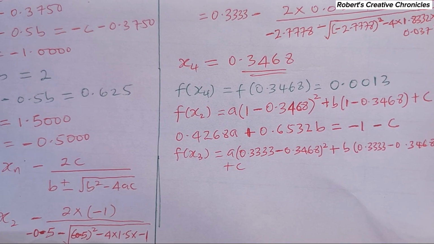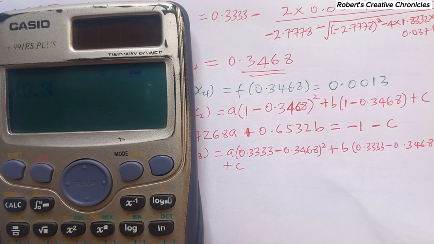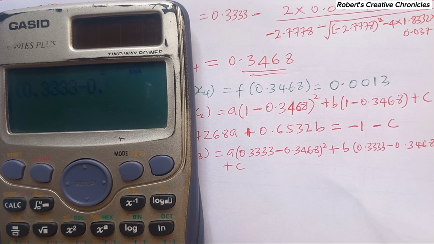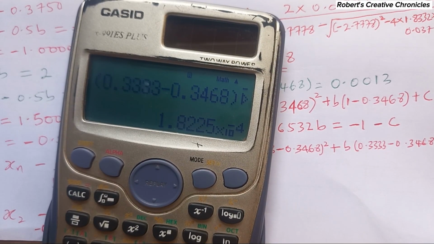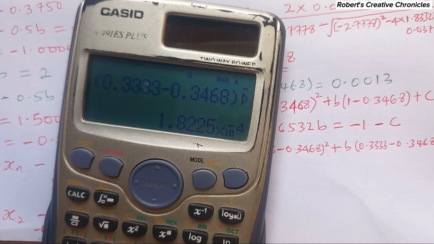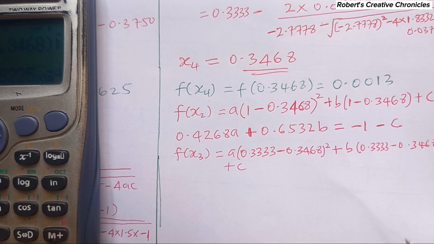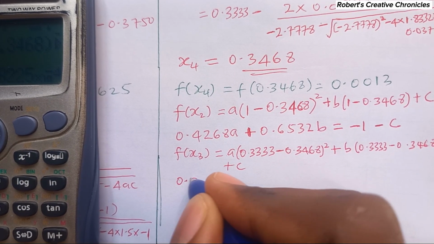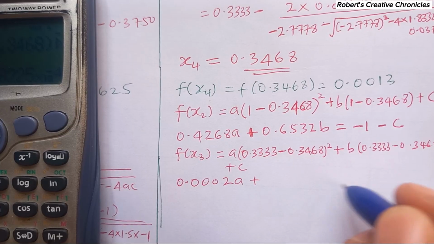But first, let's solve this. Let's work this way to be 0.3333 minus 0.3468 square. So this is what? There will be 3 zeros before 1, which then if we approximate 1 it will be 2. So it will be what? 0.0002 a plus what?